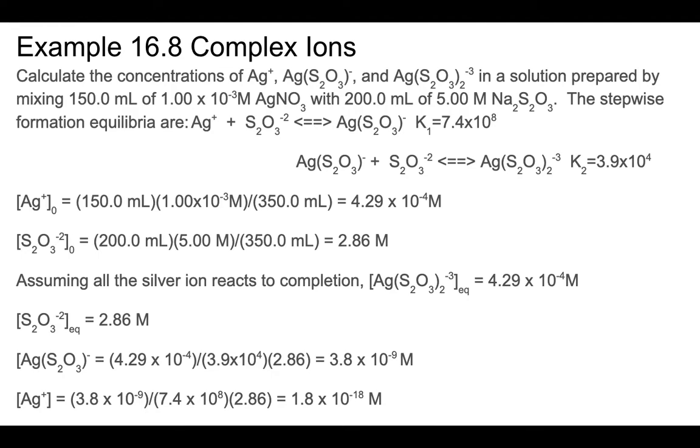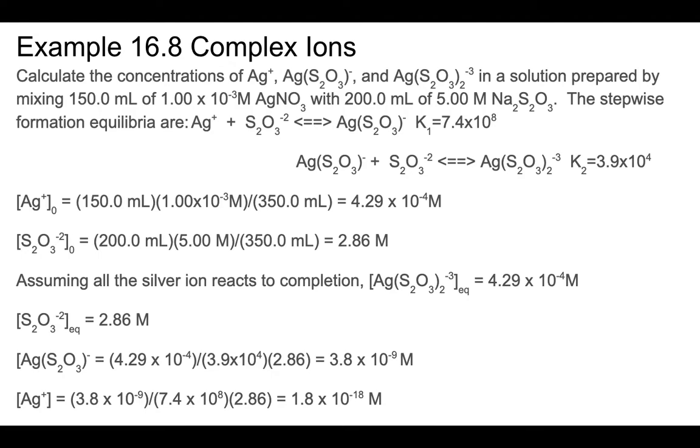And then the single complex silver thiosulfate plus 1 more thiosulfate would complex to make the double complexed thiosulfate on silver plus 1 with a minus 3 charge, K2 3.9 times 10 to the 4th. Once again, pretty large.